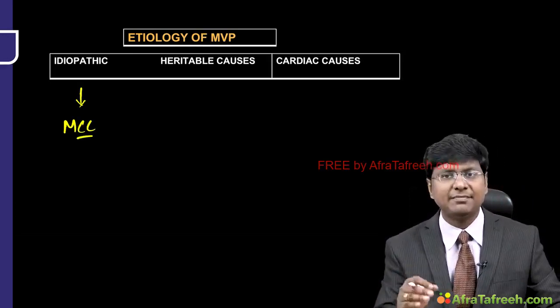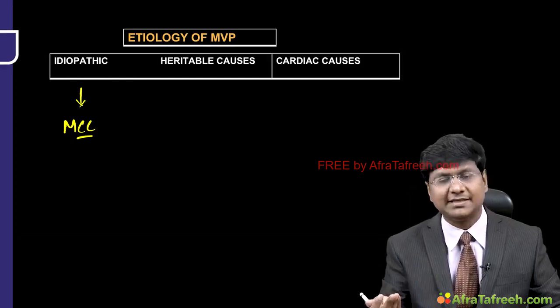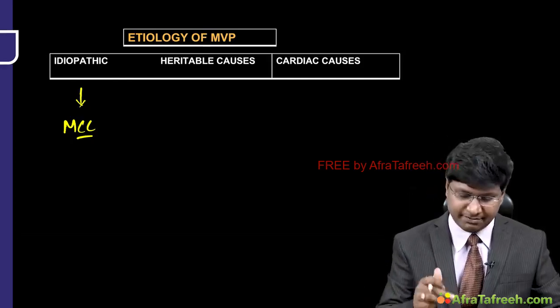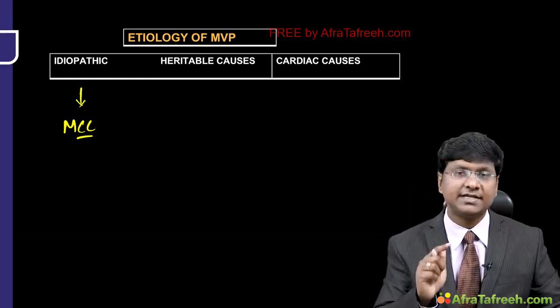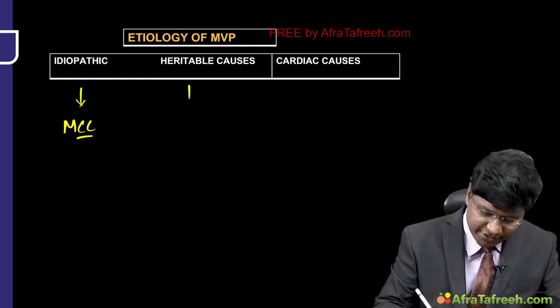Apart from idiopathic, what are the other causes associated with the development of mitral valve prolapse? They are heritable disorders of the connective tissues. What are those heritable disorders?